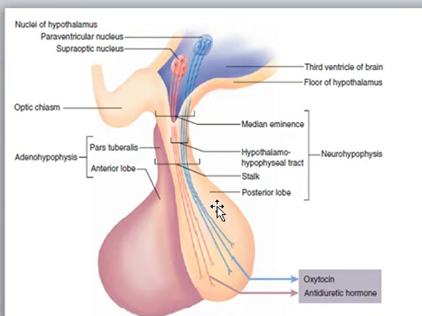The posterior pituitary lobe stores the hormones produced by the hypothalamus, which are oxytocin and antidiuretic hormone, while the anterior lobe produces many stimulating hormones which act on target cells or glands in other parts of the body, like TSH, FSH, LH, growth hormone, and other stimulating hormones.